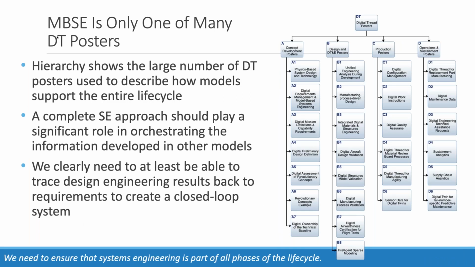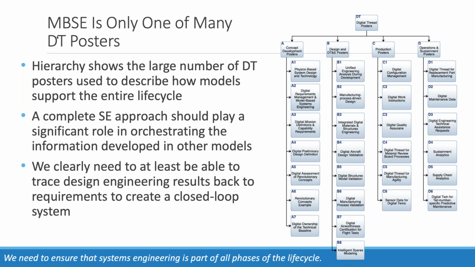They had a lot more posters. This is a hierarchy chart showing the different sets of posters. You see A1 through 7, those are 7 different posters that had to do with concept development. And then we had 8 under the design and test and evaluation kind of posters.